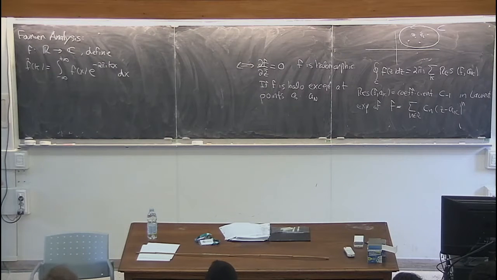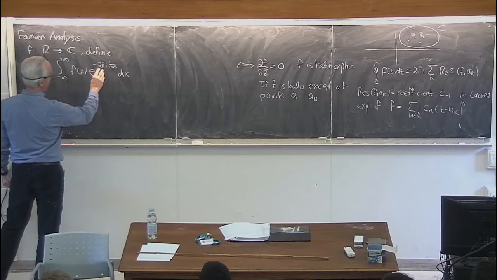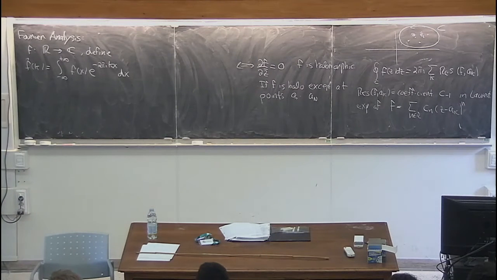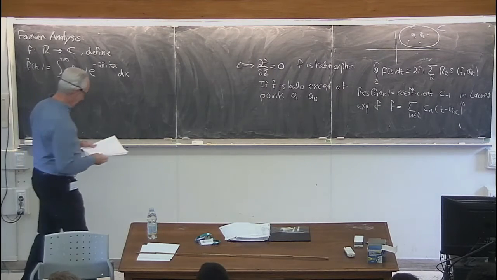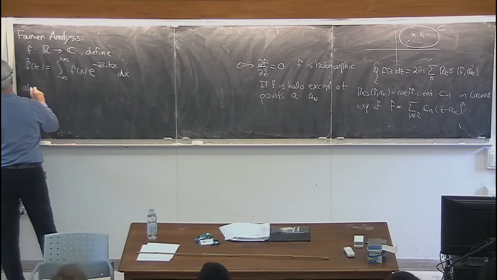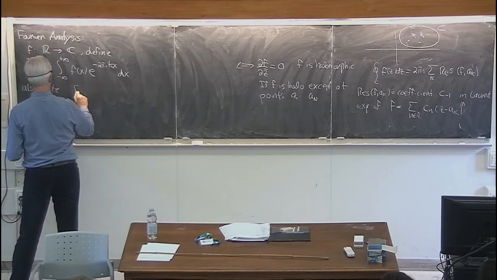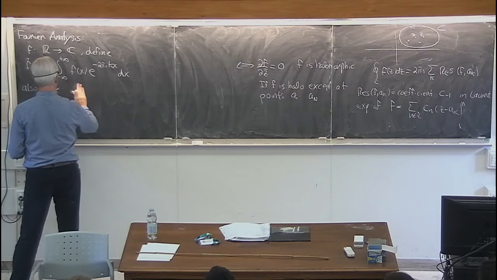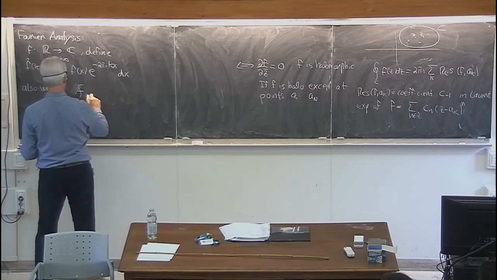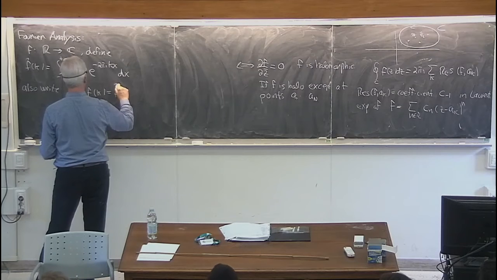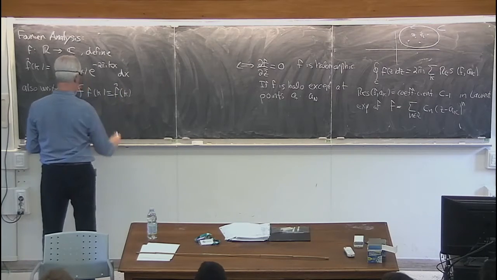In the physics literature, you sometimes or usually don't see a 2 pi here, and sometimes there are 1 over square roots of 2 pi here. But I'm not going to do that. I'm going to stick to this convention. I will also write the transform as a kind of calligraphic F, which I'm not sure I have the right font for, so I'll sometimes write it like that.